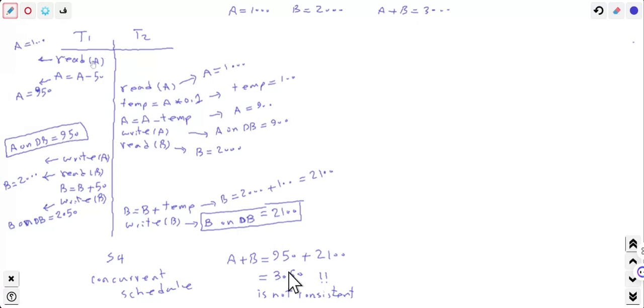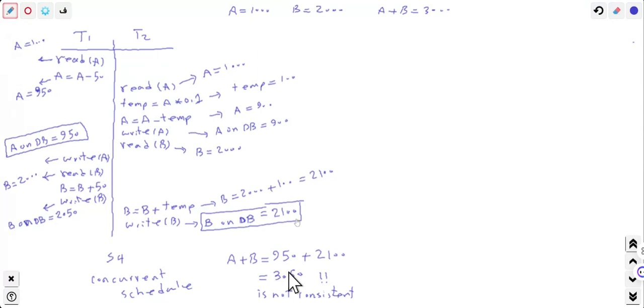But about B, the first write on B is here by T1, which writes 2050 on B. Then we come to T2, and the second write on B is 2100.